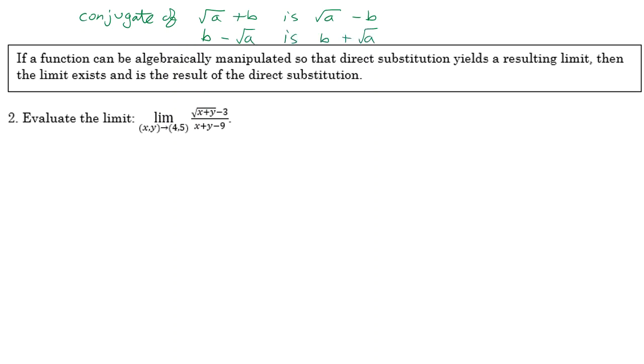So what we want to do is multiply the top and bottom of this fraction by the conjugate of whichever expression contains the square root, which in this case is the numerator. So the conjugate of the square root of x plus y minus 3 is the square root of x plus y plus 3. And this is perfectly legal to multiply the top and bottom by something. So why don't you pause the video, crank out that algebra, and see if anything wonderful happens.